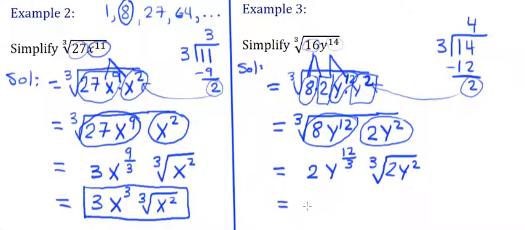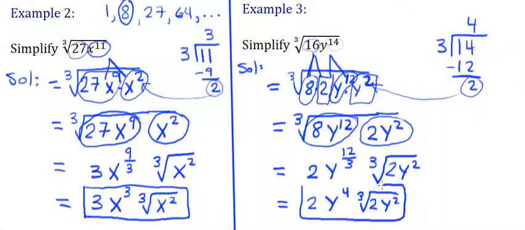Now finally just simplify. 12 divided by 3 is just 4, and this stays as the cube root of 2 times y squared. Okay, so now we're looking at the final answer here. Good.